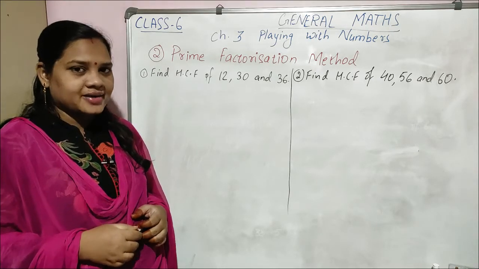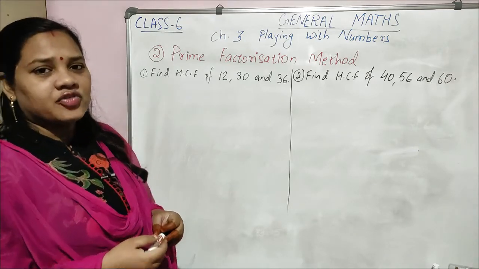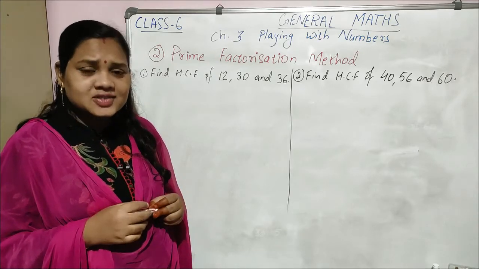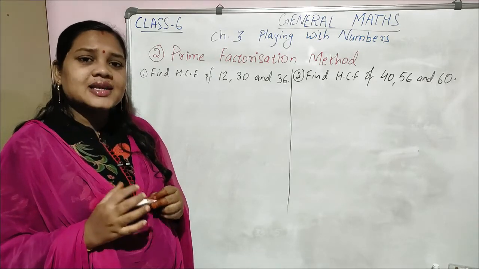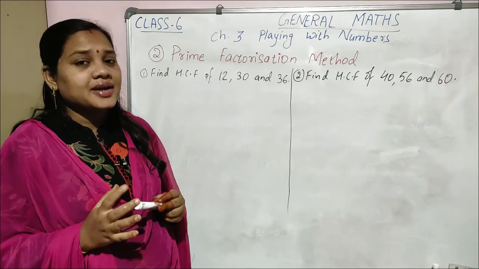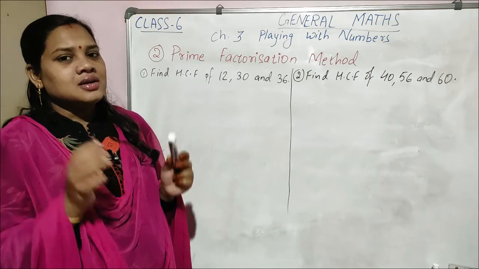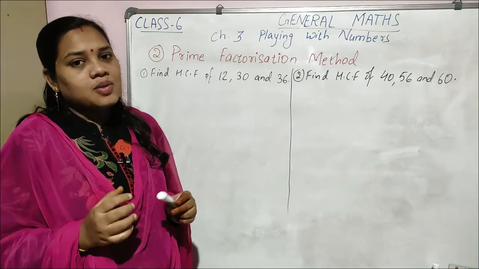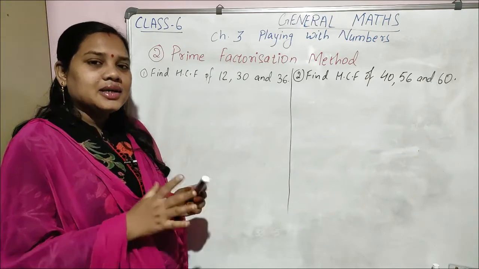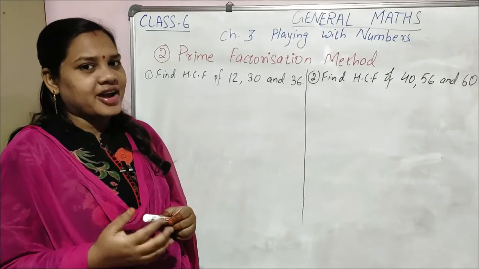I think you practiced well on some questions on how to find prime factorization. Prime factorization is a process of expressing any number in the product form of its prime factors.